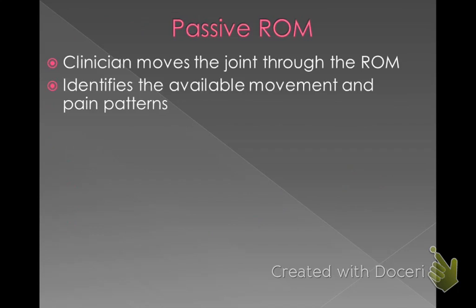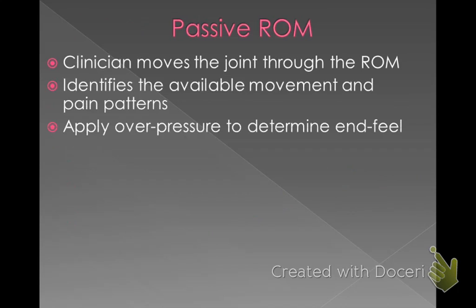If the patient relaxes, the clinician might be able to take the patient through the full range of motion. So you could have a patient who has limited active range of motion but complete full passive range of motion, and that's completely okay within the injury evaluation process. We'll talk about why when we get to muscle strains and evaluations.